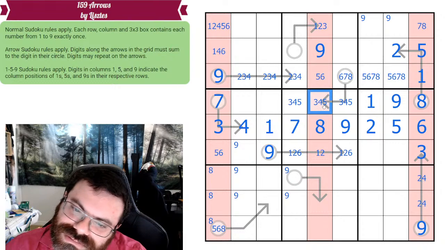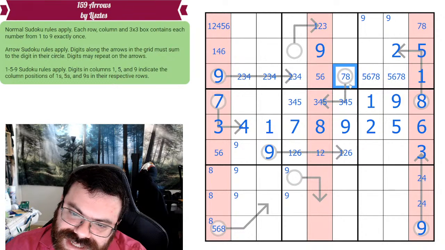This is, let's see, if this were a 3, that would put the 5 here. That would add to 7. So this can't add to 6 anymore. No, this can't be 3.